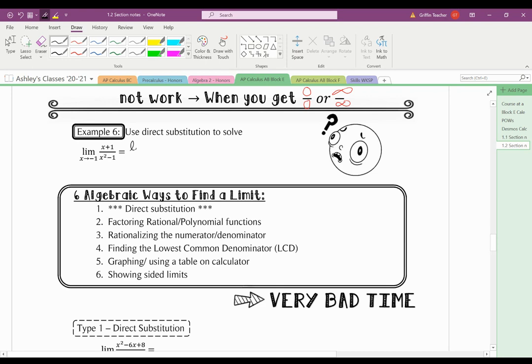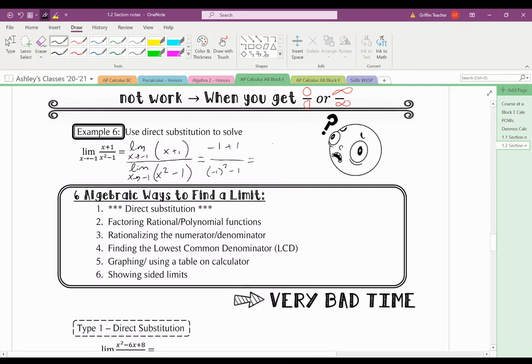We get the limit as x approaches -1 of the function x plus 1, all over the limit as x approaches -1 for my denominator function, which is going to be x squared minus 1. When I plug -1 into my numerator, I get -1 plus 1 over, plug -1 into my denominator, and I'm going to get -1 squared minus 1.